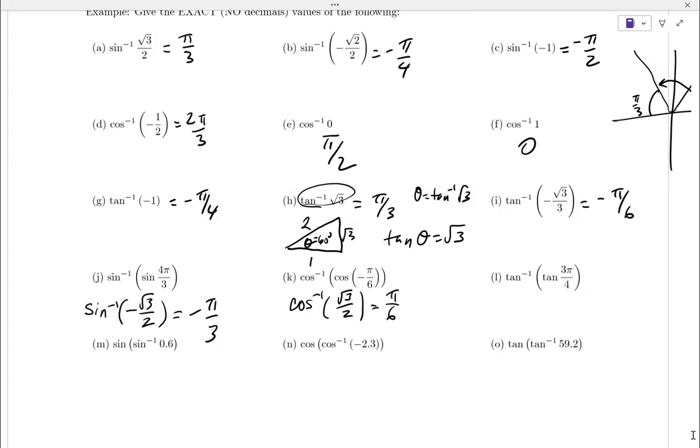No. The restriction for tangent is over here. Over here is the tangent positive or negative? Negative, right? So which quadrant do I want to look for an angle if it's going to be negative? Down here, right?